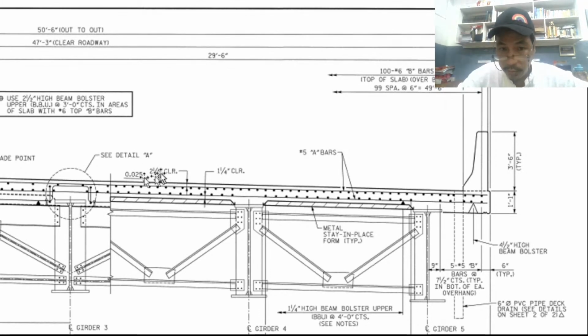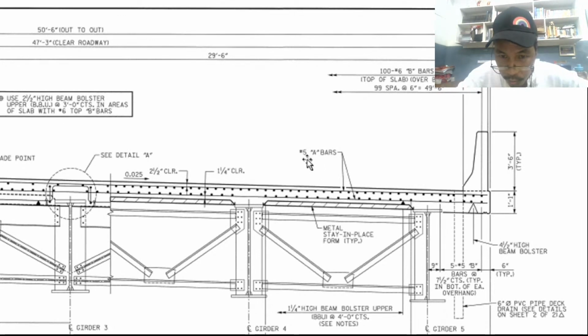You can memorize that. 1 and 1/4, this is what? 25 plus 6, 30. So about 31. So 31 at the bottom. Bottom concrete cover is 31. At the top is 62. Okay? So it doubles, no? Double.